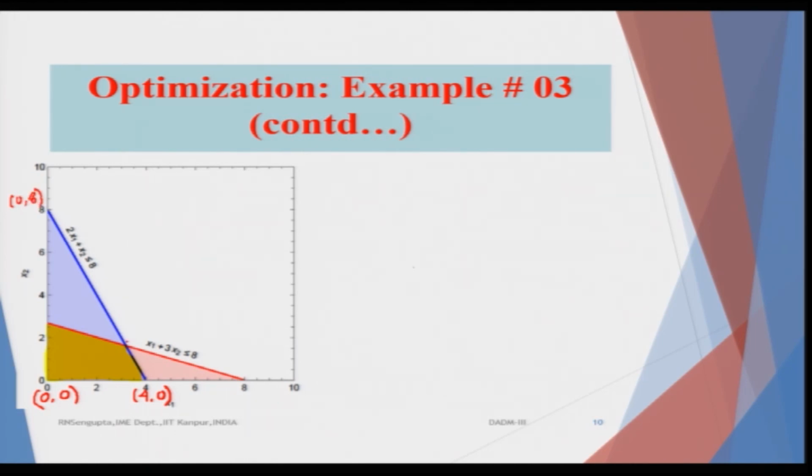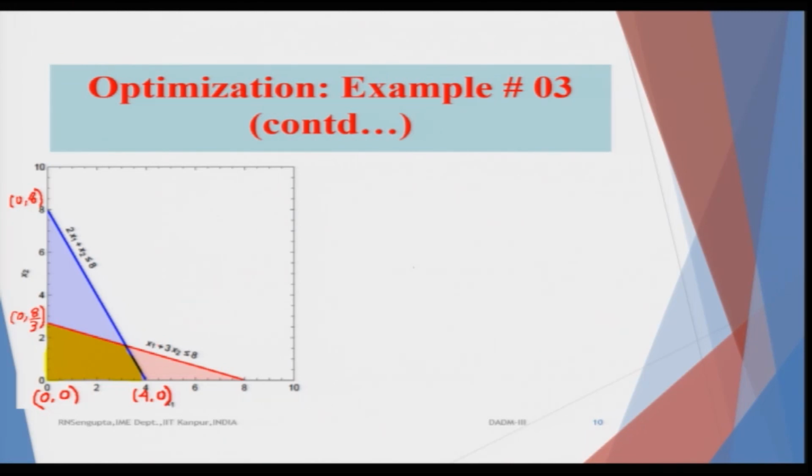And this equation, no, that is not required, sorry. Even though I marked it, this point would be where x1 would be 0, so it will be 8 by 3. Let me double check.